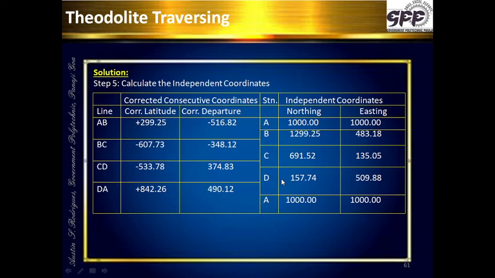Now looking at the point D. In order to find the northing of the point D, take the northing of the point C, add to that the corresponding latitude of CD.